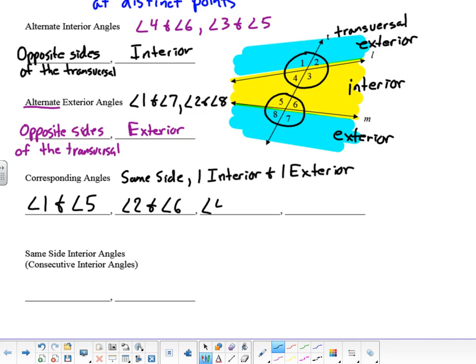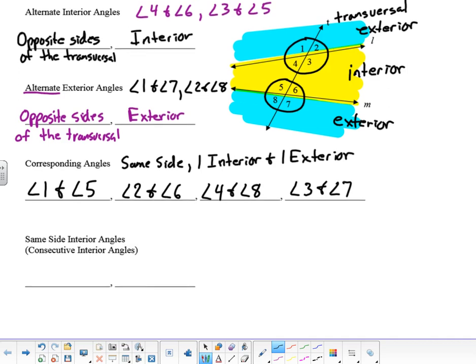Angle 4 is an interior angle, and I need the exterior on the same side, which would be angle 8. Okay, and then angle 3 is going to correspond to angle 7. All right, so they've got to be on the same side. One is interior and one is exterior. All right.